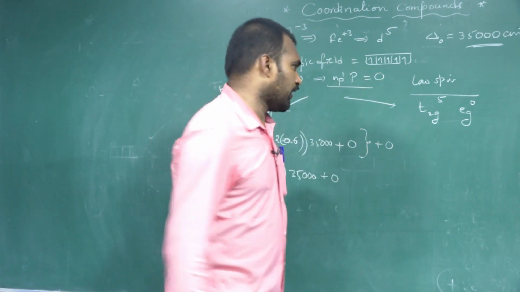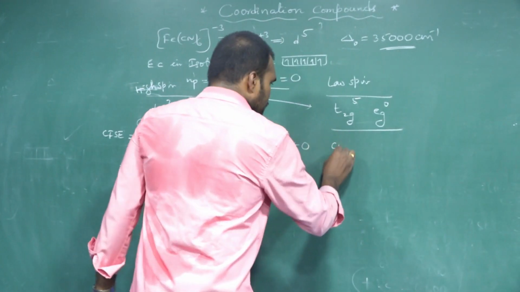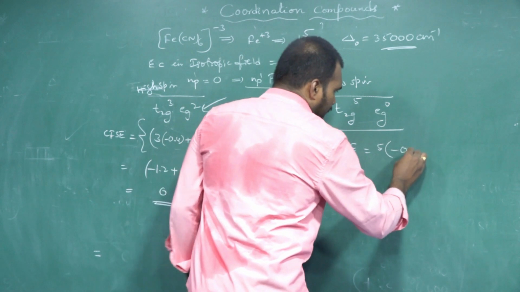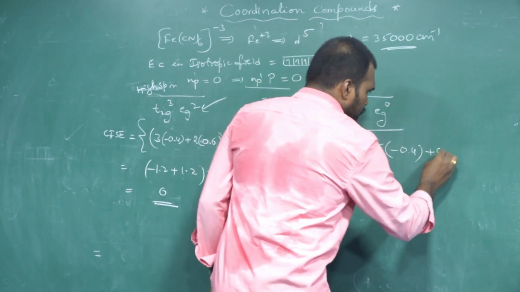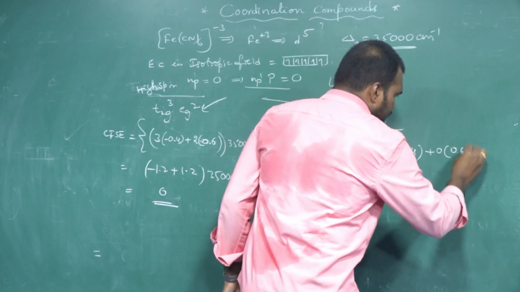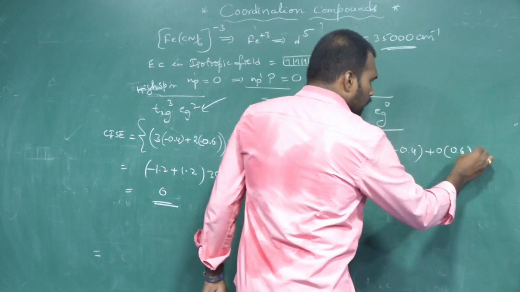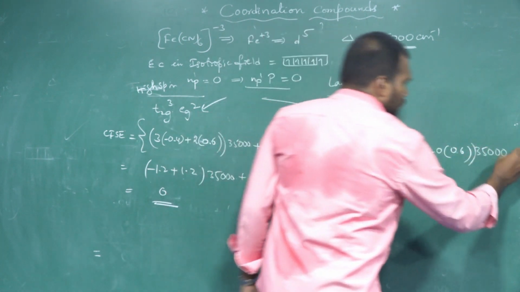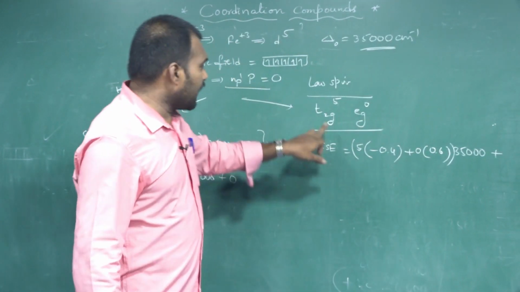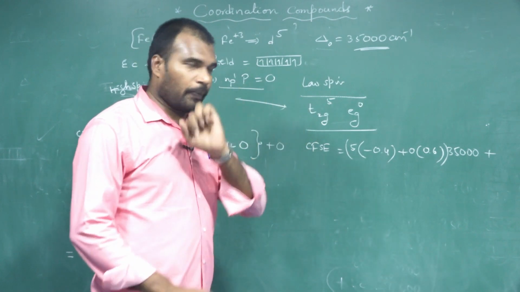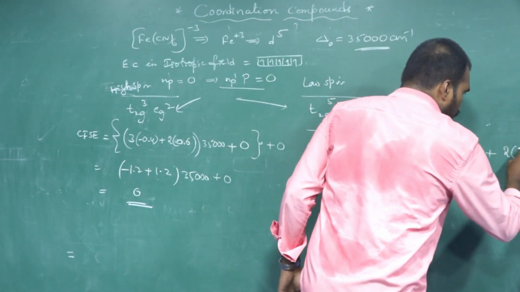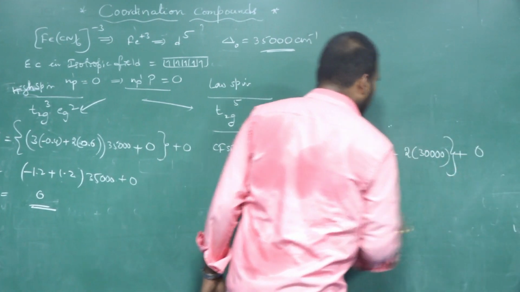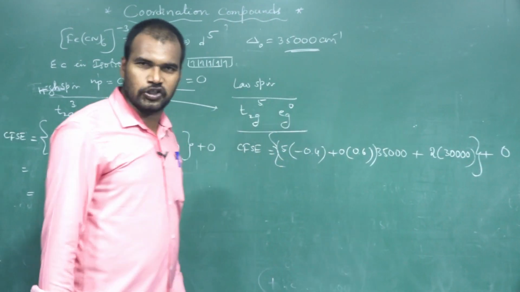Now coming to this configuration. CFSE is equal to 5 into minus 0.4 plus 0 into 0.6, into 35,000, plus, here how many paired electrons in t2g5? 2 paired electrons are there. So 2 into 30,000, and the isotropic field value was 0.